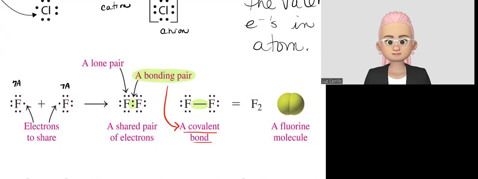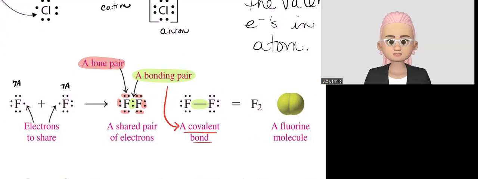Now, each fluorine atom is going to have, as you can observe, different dots around it. Those dots that you are observing, you can see here, this fluorine has 3 pairs of dots. This fluorine has 3 pairs of dots. Those are called lone pairs.